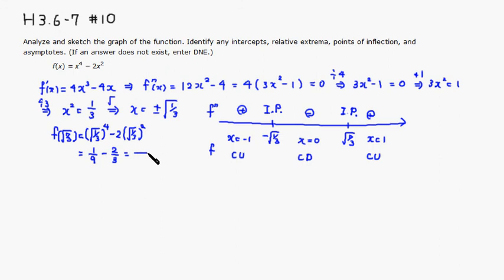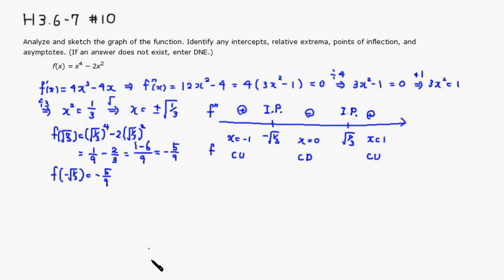Taking the common denominator, which is 9, it's 1 minus 6/9, so it's going to be negative 5/9. And f of negative square root of 1/3, you can see that it's an even power, so it's going to give you exactly the same number, negative 5/9, because the negative sign is not going to matter.